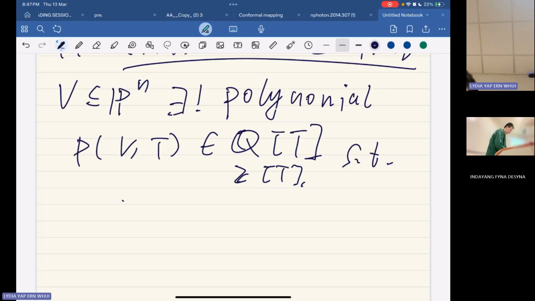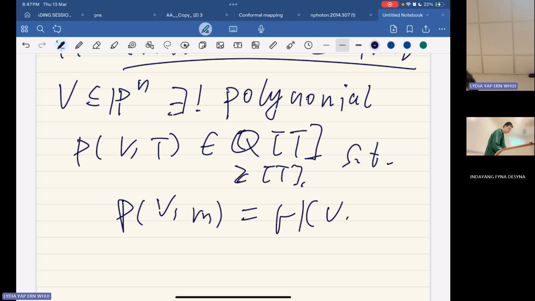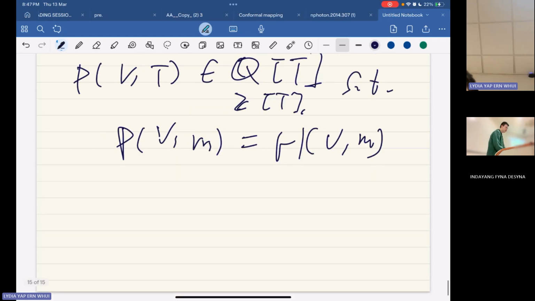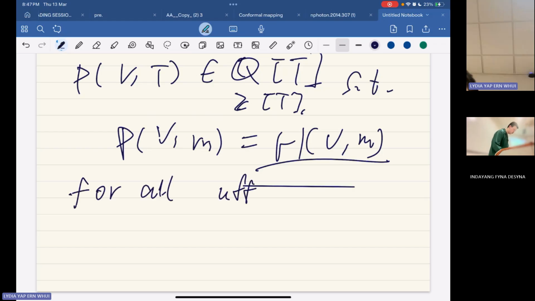Such that P_V(m) will equal H_V(m). This H_V(m) is just the Hilbert function we just talked about, and this P_V(m) is a polynomial in Q[m]. And this will be equal for all sufficiently large m.